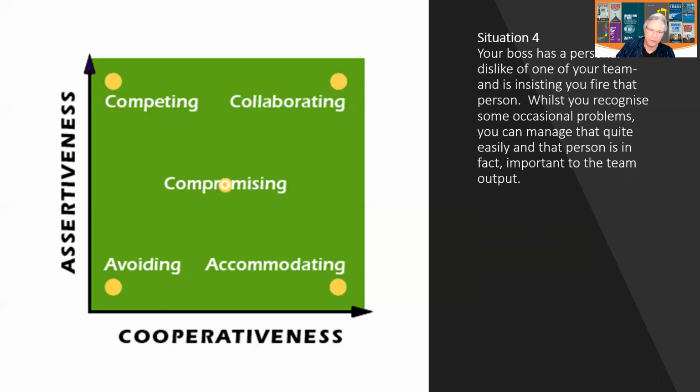Now, it's possible that you could collaborate, in the sense that you buy yourself some time by making sure that the person in question understands that they need to perhaps be out of sight. And remotely, that's very easy to do, of course.